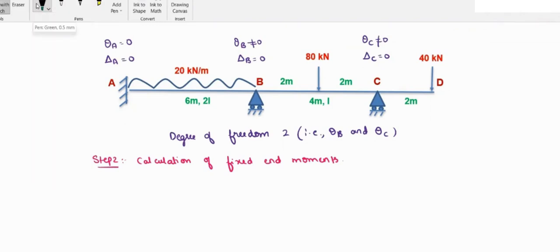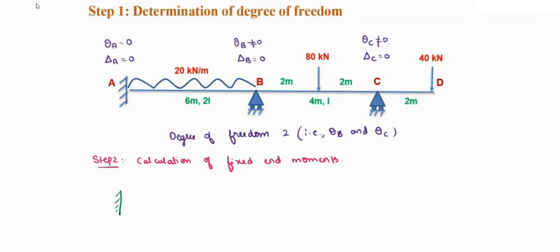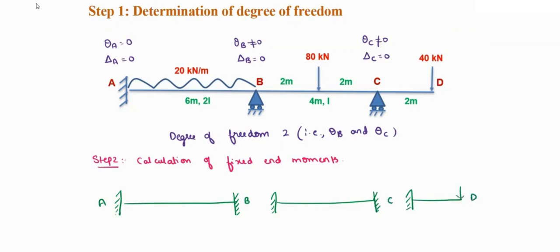So here I am just drawing the beams individually. You can just take, this is your AB, and similarly BC, so this is BC, and this is CD.